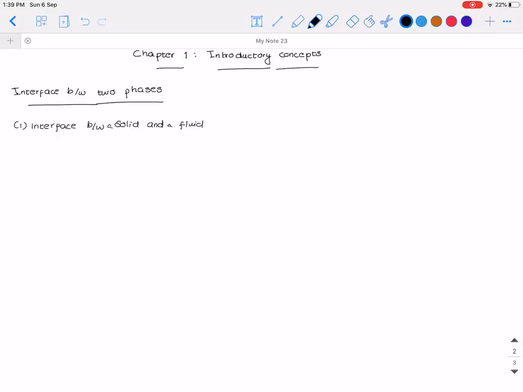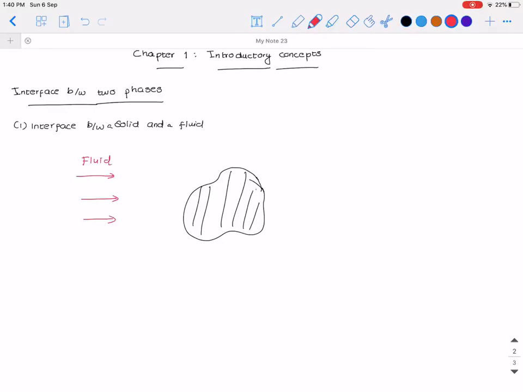Consider a solid surface of an arbitrary shape, a closed one, that is kept in a fluid flow. The fluid is flowing over this solid surface. So this is the solid.